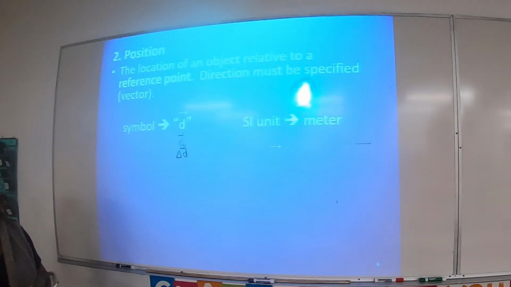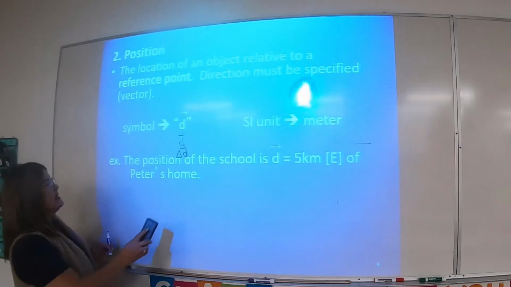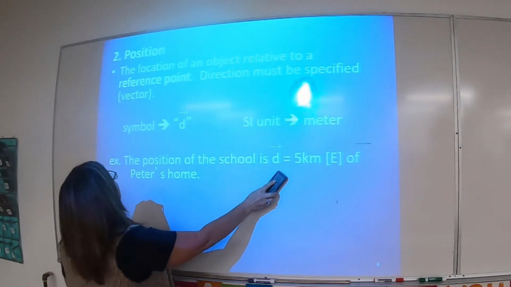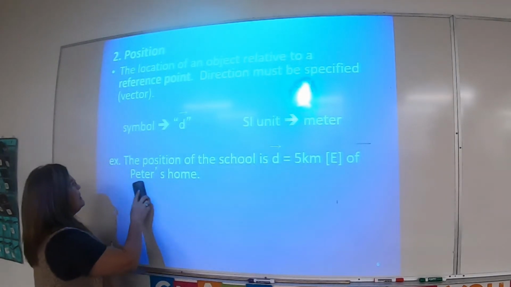SI units are meters again. Sometimes we use a mile and its prefixes, kilometer, millimeter, etc. The position of the school is going to be D is equal to 5 kilometers east.